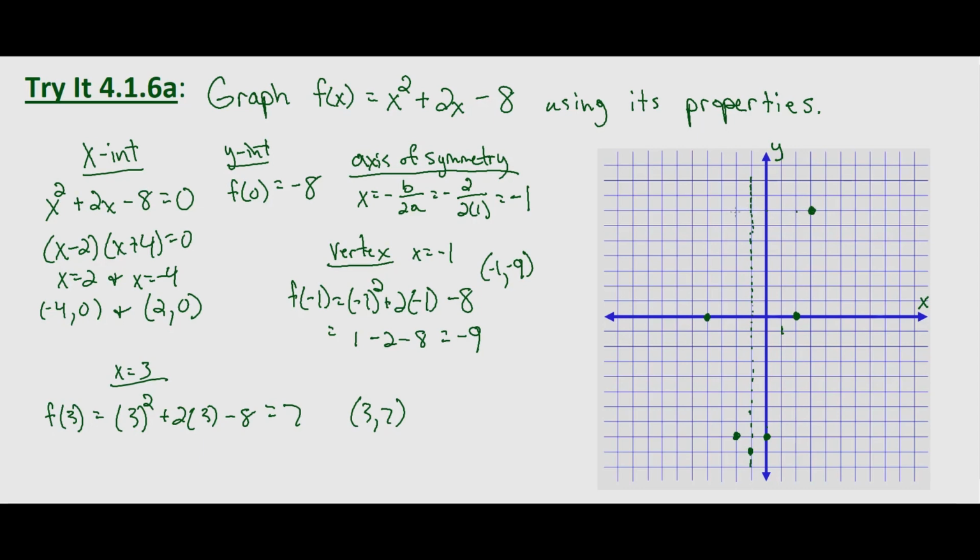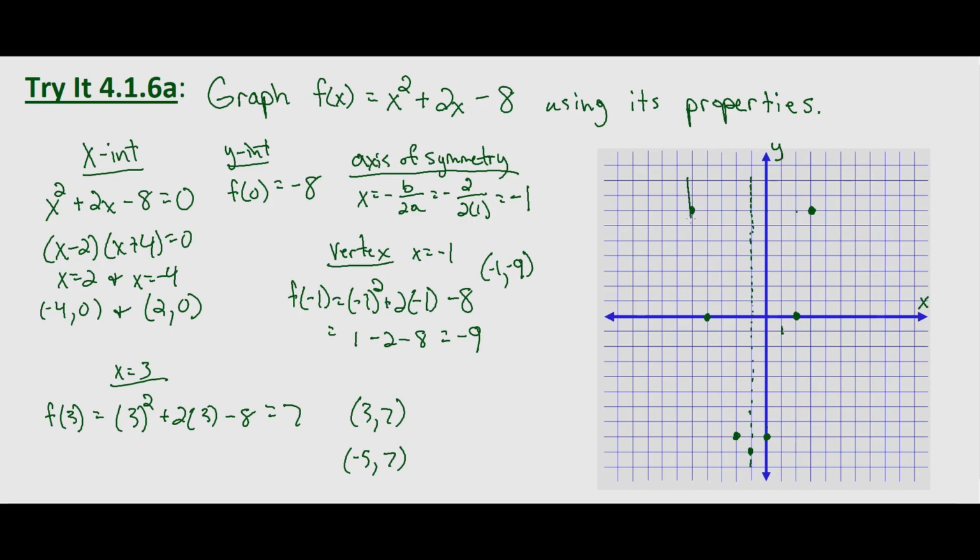So if we go 4 the other direction, we know we're also going to have a point at negative 5, 7, because that's the same distance from the axis of symmetry. And if we put in negative 5, we'd get 25 minus 10, which is 15 minus 8, which is 7. So it would verify if we found f of negative 5. This is just easier because we have that axis of symmetry.